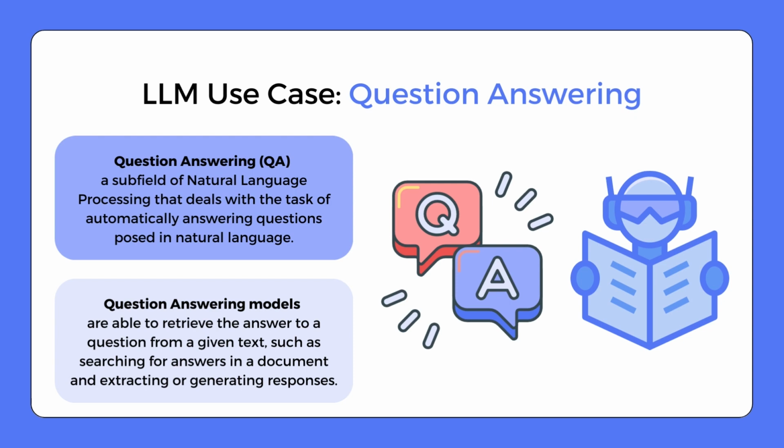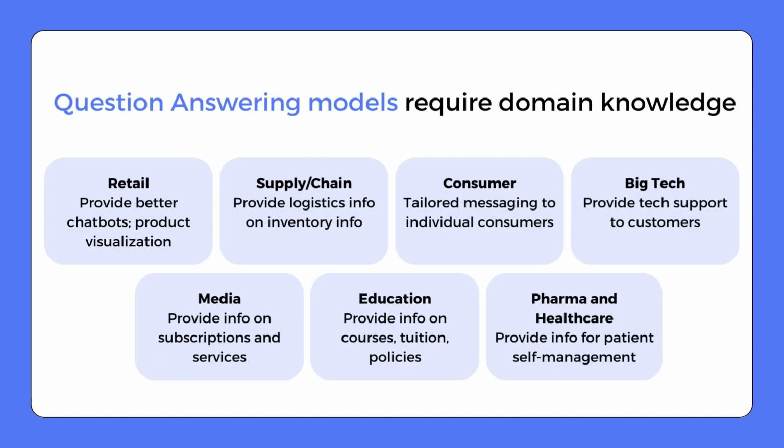These Q&A systems are powerhouses, capable of tackling a range of questions, from factual to opinion-based, thanks to their extensive training on text and code. However, the secret ingredient for these models' success is domain knowledge.